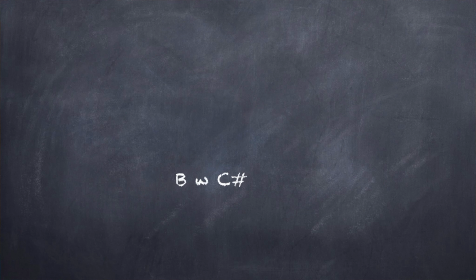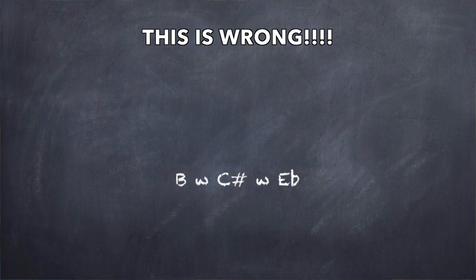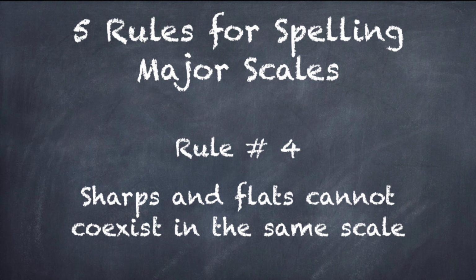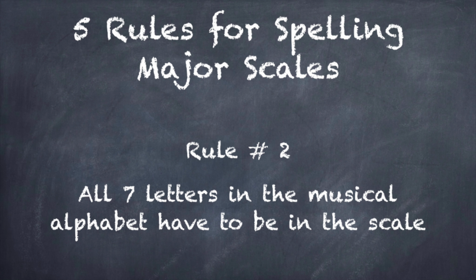We can't have a C sharp and then all of a sudden skip D sharp altogether and just go to E flat, because it breaks 2 rules at the same time. It breaks the rule of sharps and flats cannot coexist in the same scale, and it also breaks the rule of having every letter of the musical alphabet be represented in the scale. It all has to follow alphabetical order.